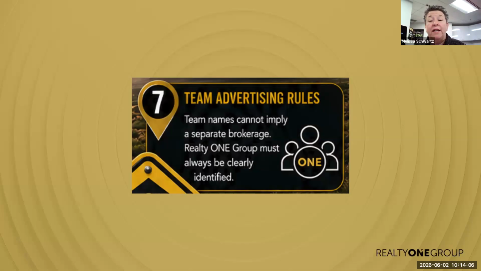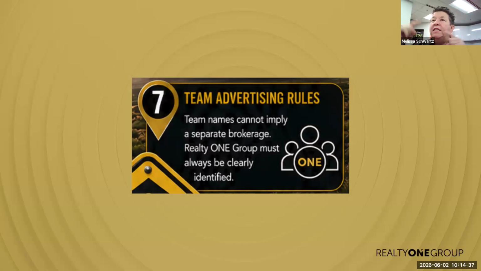So a yard sign says, I don't know, the Smith Team, Smith Realty Group, and then it says Realty One Group. Only Smith Realty Group is this big and Realty One Group is this little thing down here, right? Now, it's a little bit different, although still it should not be this way, with Melissa Smith this big and Realty One Group this big.